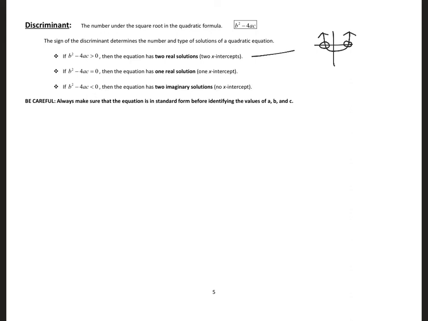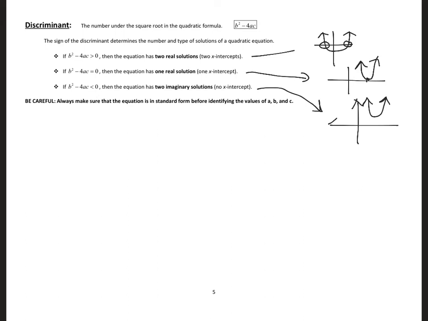If b squared minus 4ac is equal to 0, you have one solution, and that's going to look something like this over here. And if b squared minus 4ac is less than 0, then you have imaginary solutions, and this is going to have no x-intercept. See, this one touches, this one crosses twice, this one has no intercept.